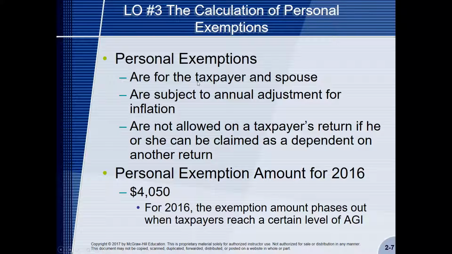So again, it's single, married filing jointly, married filing separately, head of household, or a qualifying widower. Those are the 5 different filing statuses.